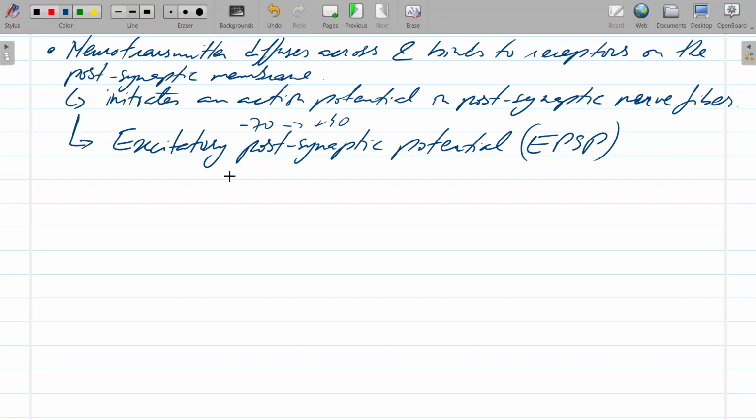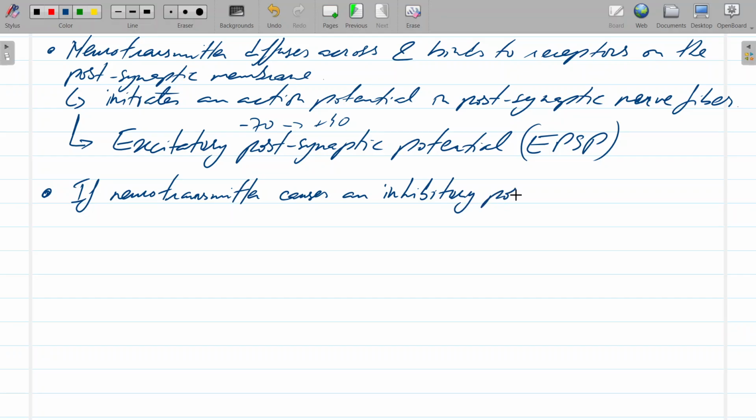But in the case of an inhibitory one, the neurotransmitter causes an inhibitory postsynaptic potential, IPSP, right?